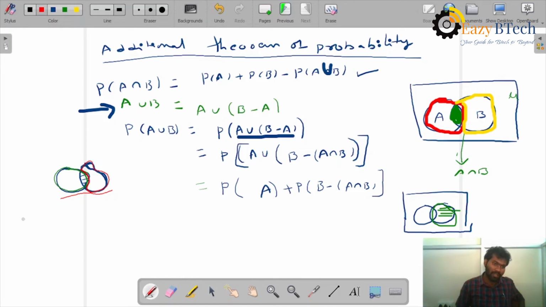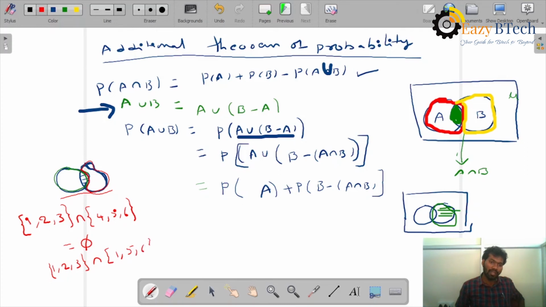Suppose I give a mutually exclusive example. There is a die you are rolling. The first event I am defining is getting 1, 2, 3. Another event I am defining is 4, 5, 6. What is the intersection between them? There is no intersection, so the intersection probability is equal to 0. If you take 1, 2, 3 as one event and the other event is 1, 5, 6, there is a common outcome, that is 1.